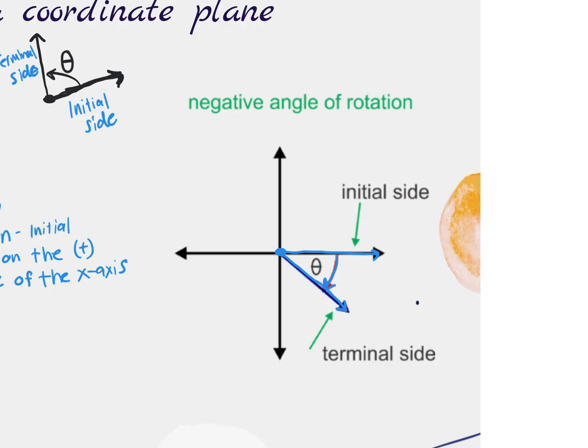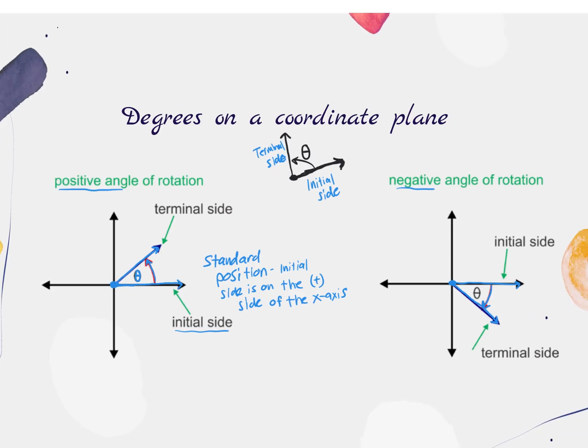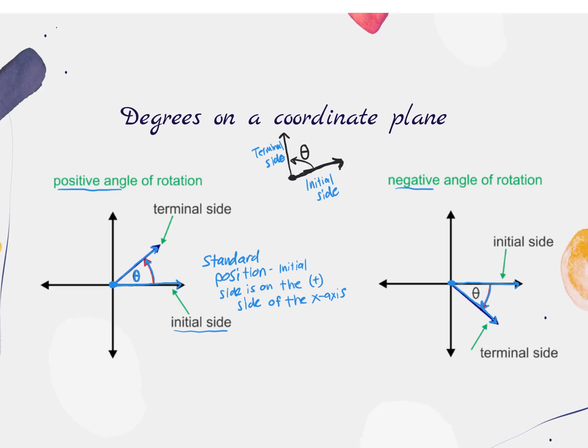Clockwise is a negative angle of rotation. In this particular lesson, we're going to refer to the measurement of the angle in degrees.